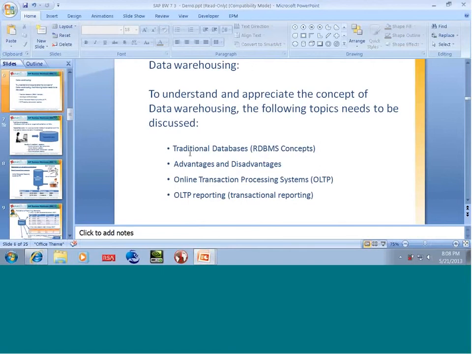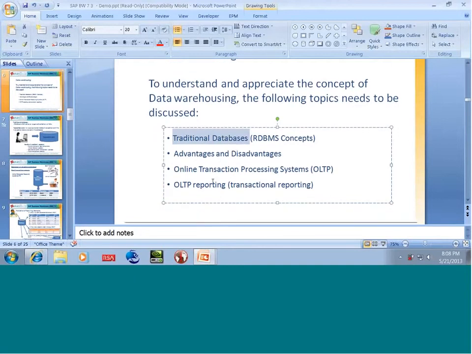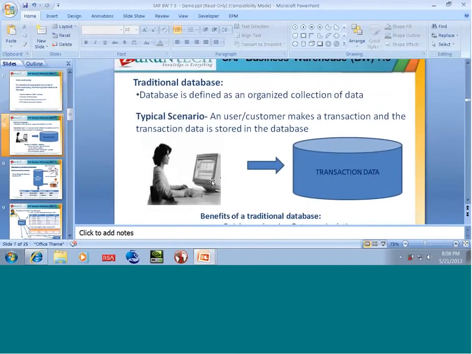So before we get into the data warehousing, let's look at the traditional database concepts. What a traditional database is, what its advantages and disadvantages are, what kind of processing system it is, which is online transaction processing system, and what kind of reportings are available on an existing OLTP system. So this is what we're going to cover now. So let's look at the traditional database. Whenever we think of a traditional database, this is what is happening, right?